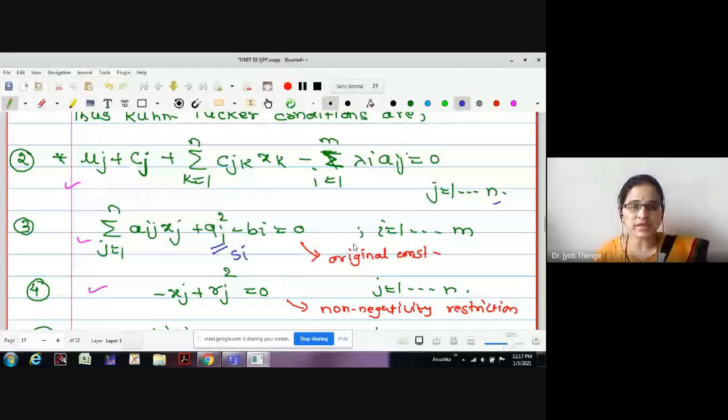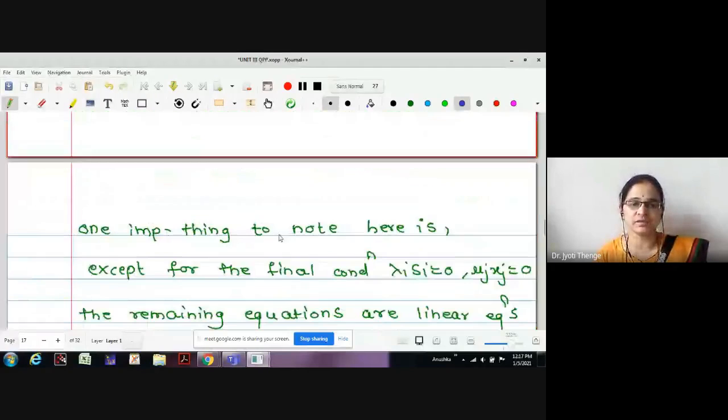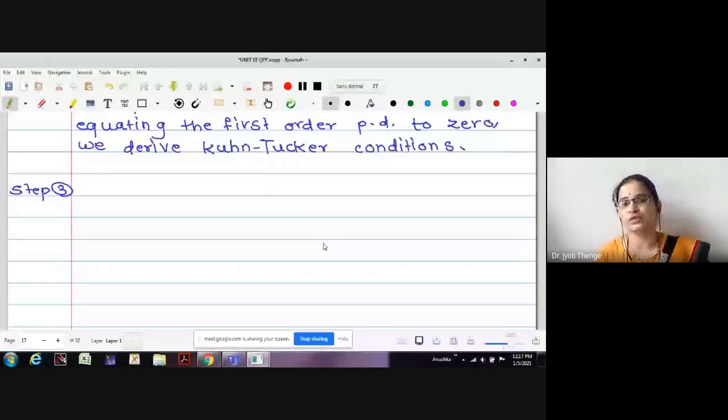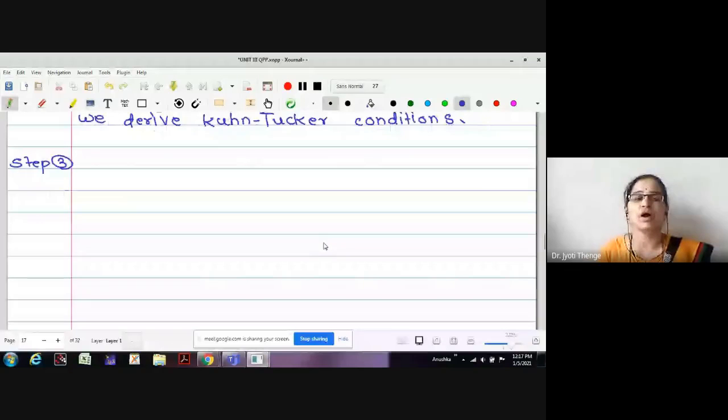Wolfe suggested the addition of artificial variables in the equation number 2 type, and construction of the objective function. Whenever we add artificial variables, we want to minimize the sum of the artificial variables, as we have seen in the two-phase method.